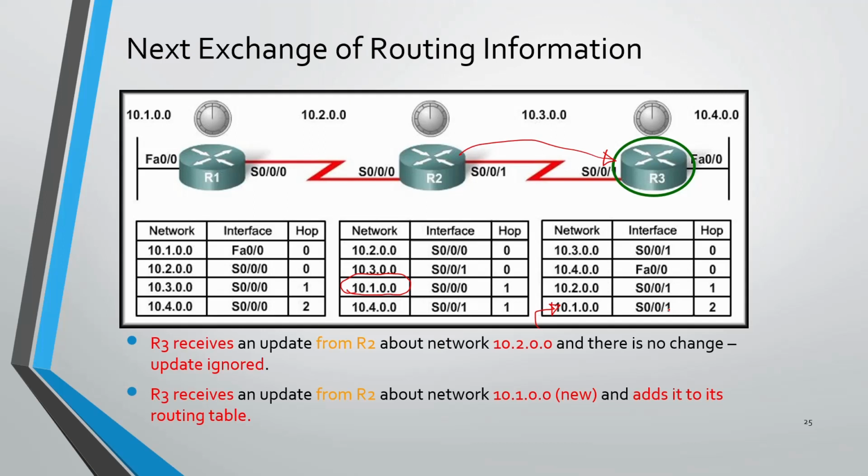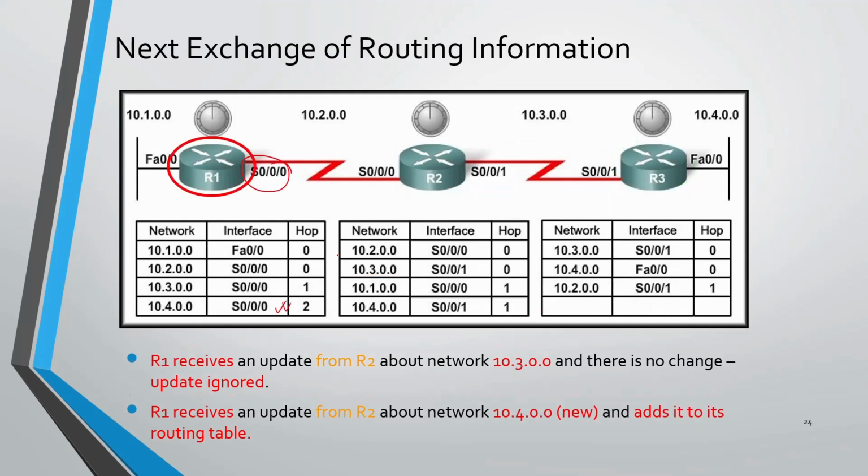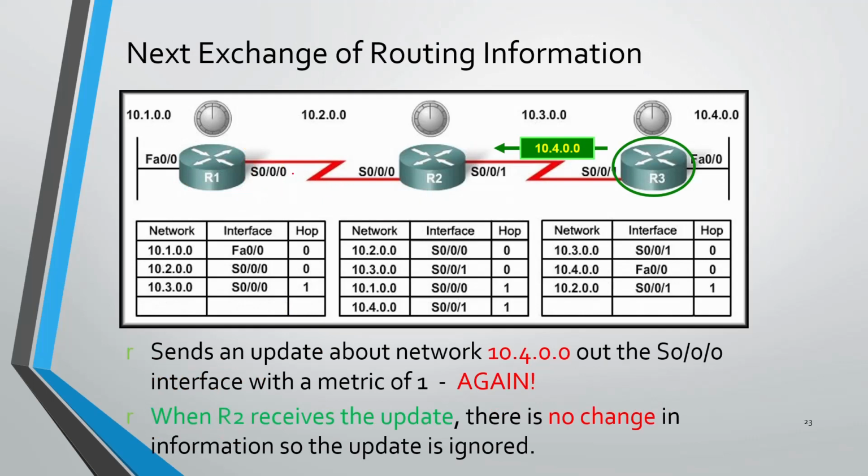So here look, when router R2 is sharing its routing table with R1, what new information does router R2 have? This one is old, this one is old, this one is old, right? But this information is new for R1, right?